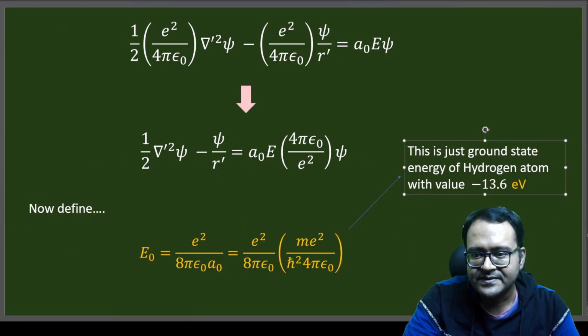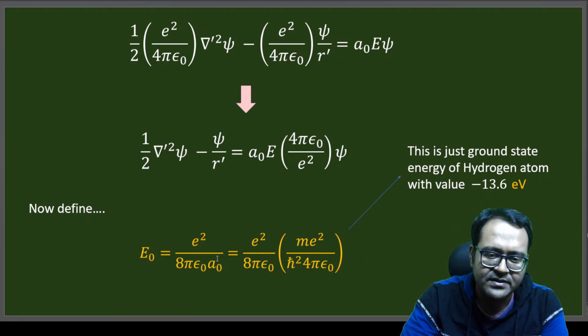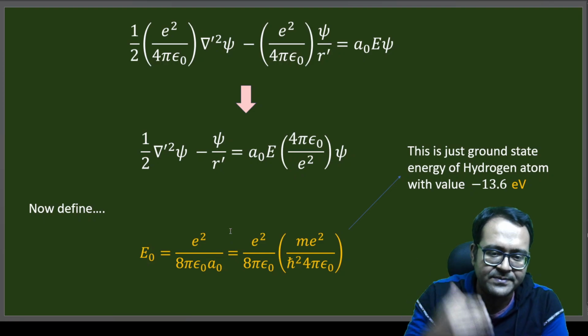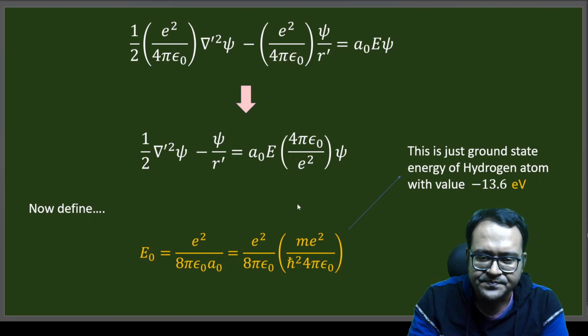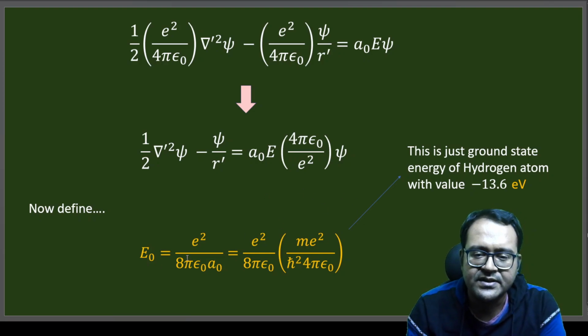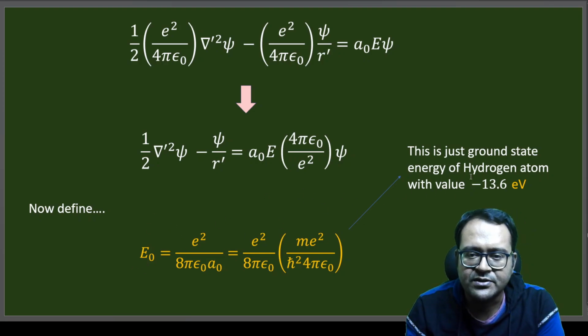This is just the ground state energy of the hydrogen atom with a value of minus 13.6 eV. I defined it as e square by 8 pi epsilon naught into a naught, and if you substitute the value of a naught, you get this. So this is the ground state energy of the hydrogen atom.